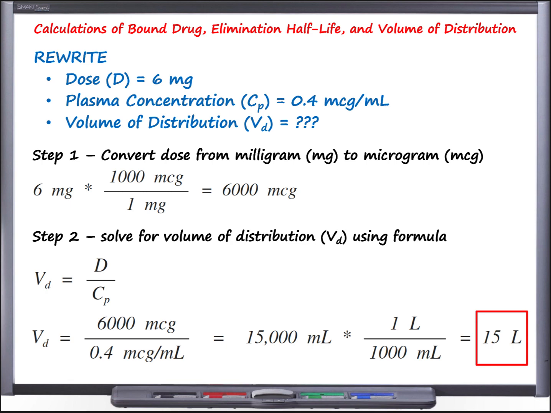What is important to know, though, is that the same drug in different people will have different volumes of distribution. So you can't assume that the volume of distribution observed in one patient would be the same in a different patient. But once you know it in a patient, you can use that information to tailor your doses to get to the specific plasma concentrations you want, which is a very powerful effect.